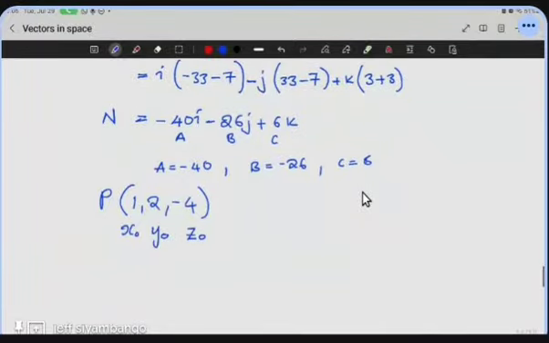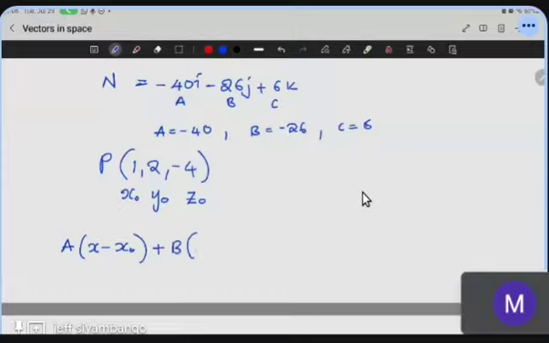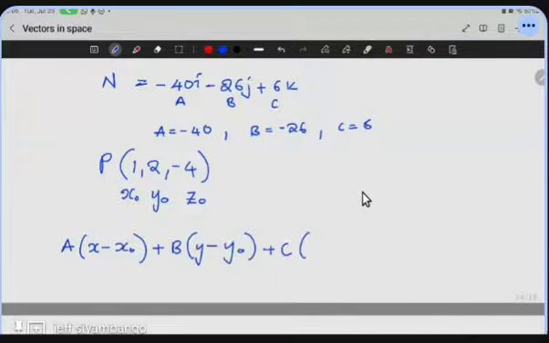The scalar equation will be A(x - x0) + B(y - y0) + C(z - z0).